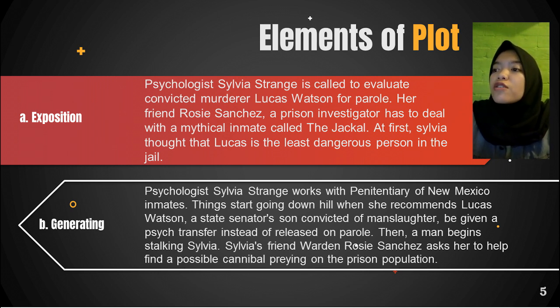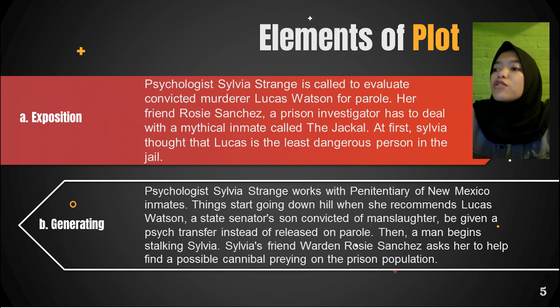Her friend, Rosie Sanchez, a prison investigator, has to deal with a mythical inmate called the Jackal. At first, Sylvia thought that Lucas is the least dangerous person in the jail. B. Generating. Psychologist Sylvia Strange works with penitentiary of New Mexico inmates.